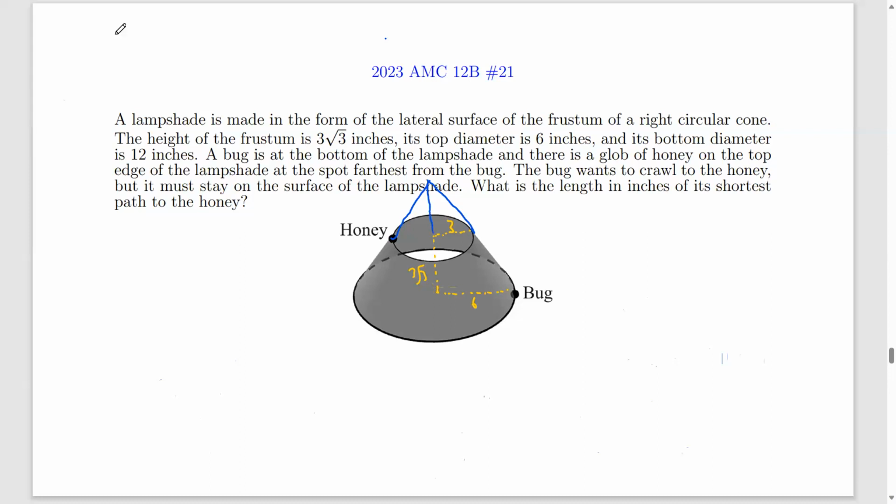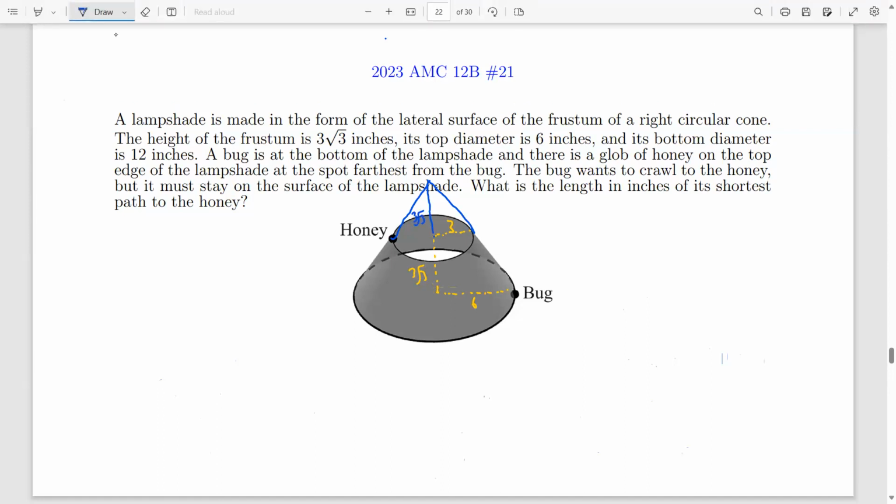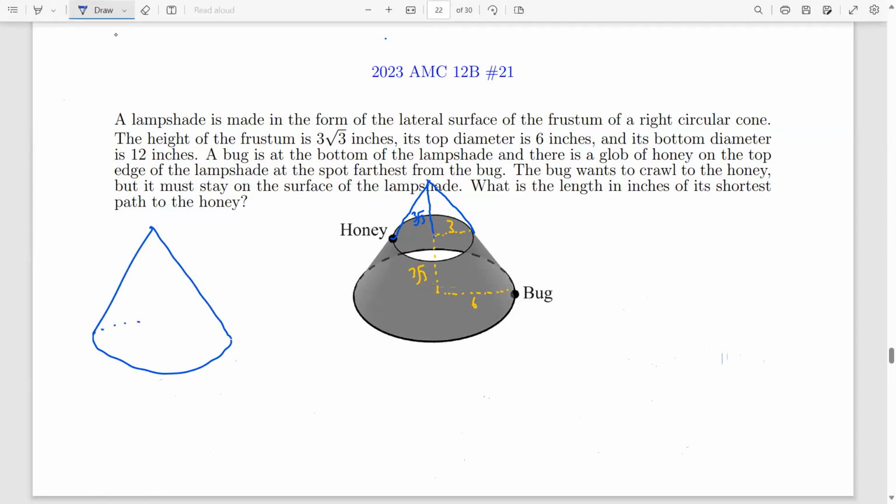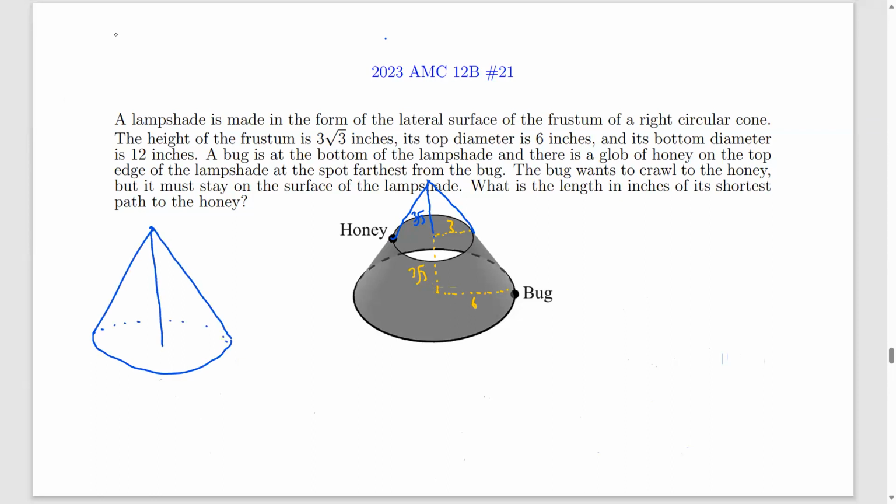So by looking at similar triangles, we see that the height from the center of the top base to the apex is 3√3. So therefore, the height of this cone, if we were to extend it, would be 6√3 inches.